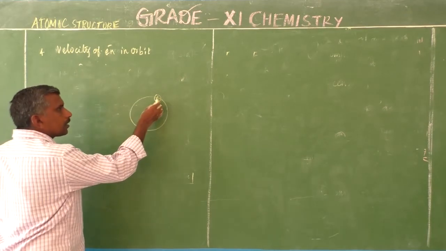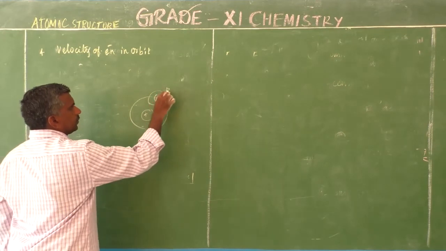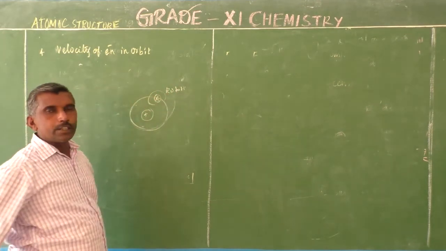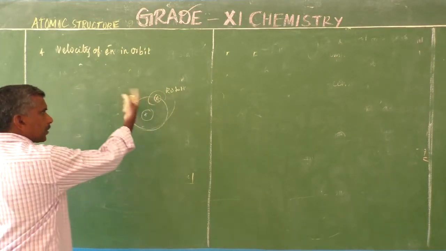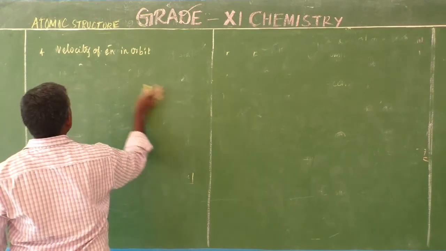The electron has two types of movement. One is rotation, angular rotation. The other is revolution around the nucleus. The revolution speed of the electron is the velocity of the electron in orbit.